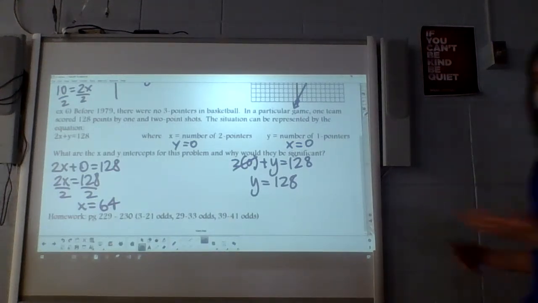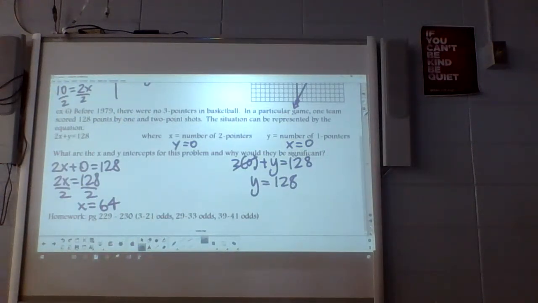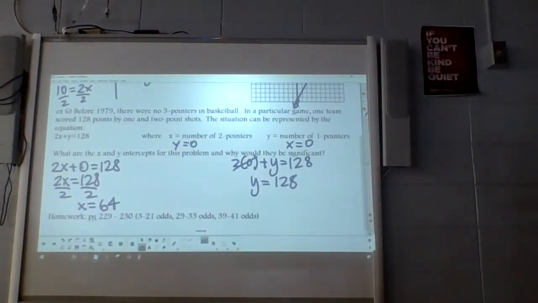So those are the intercepts. This would be one where we want the graph paper that has no axes on it, and we use only the positive part of the graph, because it'd be 64, 0, and 0, 128. So we want to be able to change our scale.